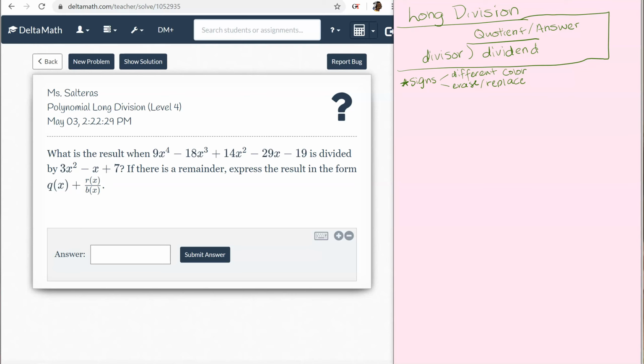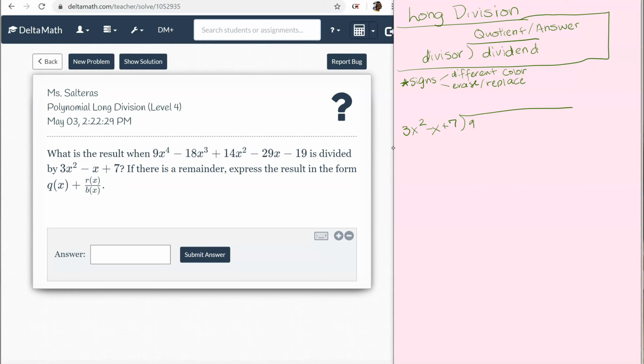Okay, so let's go ahead and set this up. So our divisor is that 3 term, so that trinomial 3x squared minus x plus 7 is our divisor. Our dividend is going to be what's given to us. That's the first part that's given to us.